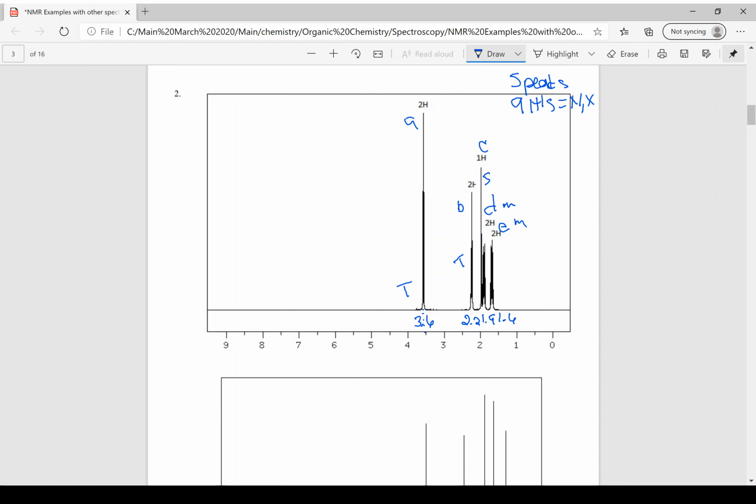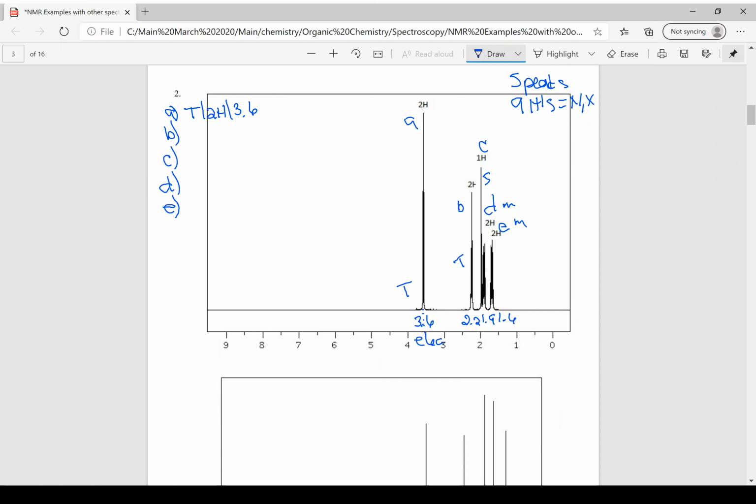And so, what do I think this is? This is the electronegative region. So I'm going to go up here and say A, B, C, D, and E. I have a triplet that integrates for 2 hydrogens, and it is at 3.6.